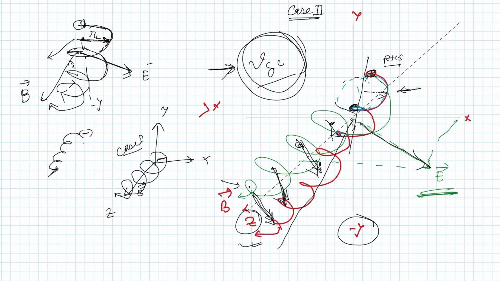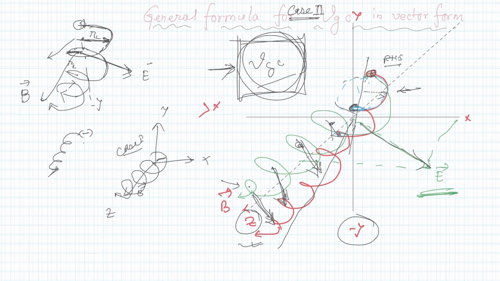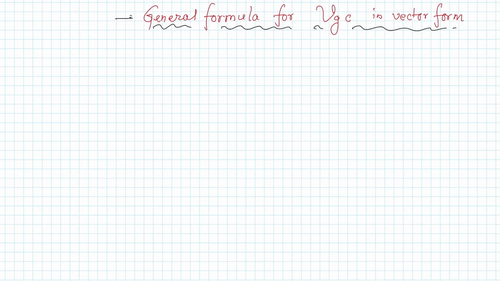Here in a half cycle it is increasing, in the next half cycle it is decreasing. So I hope you have understood this. Now let me obtain the expression for V guiding center.